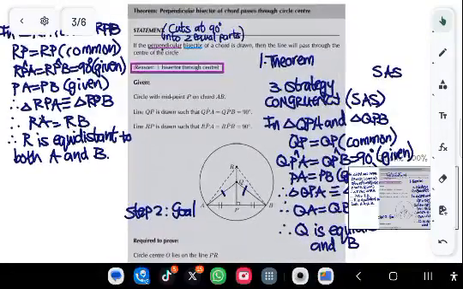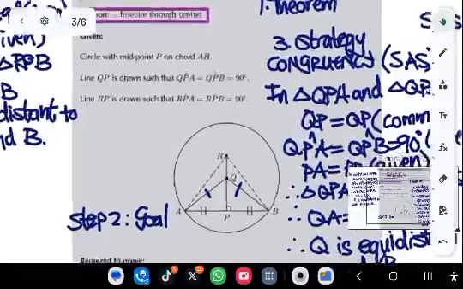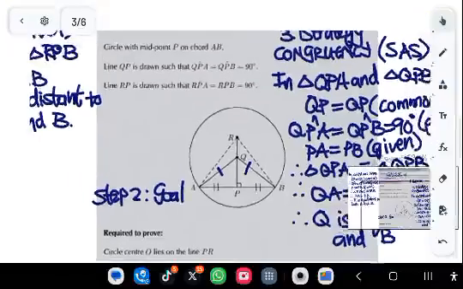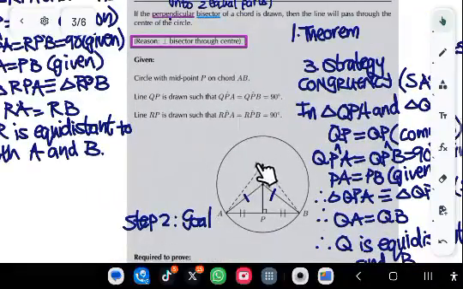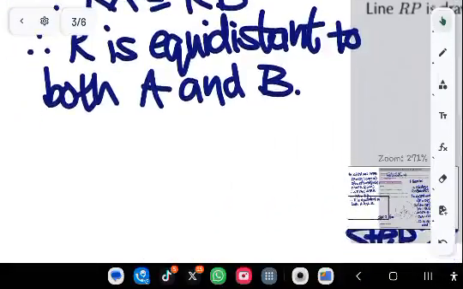Now, the conclusion we can make is that it does not matter how far we extend this line RP, as long as it's still in the circle. The points we go along the way will all be equidistant.